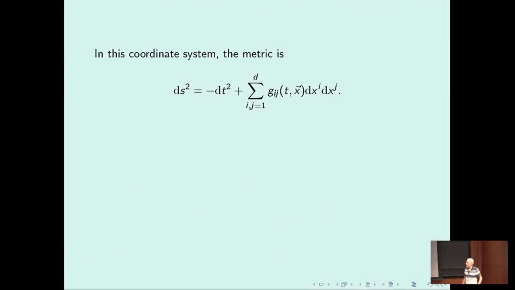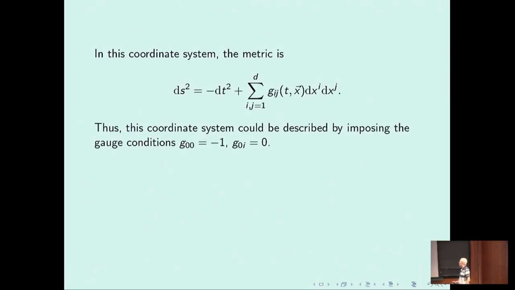Now, in this coordinate system, the metric looks like I've written, minus dt squared plus a spatial metric. So I could have described this coordinate system by saying that g_00 is minus 1 and g_0i are 0. That might have looked like a more familiar way to describe the coordinate system.